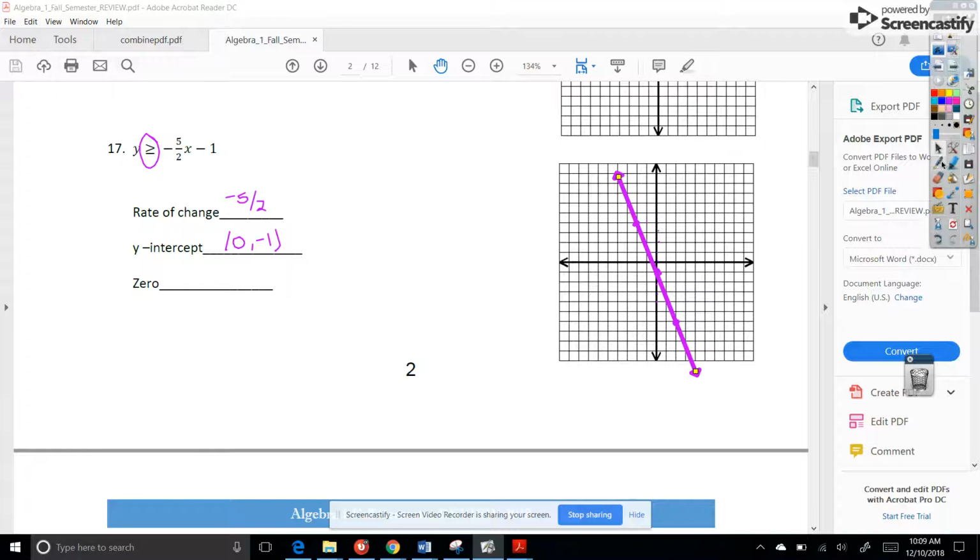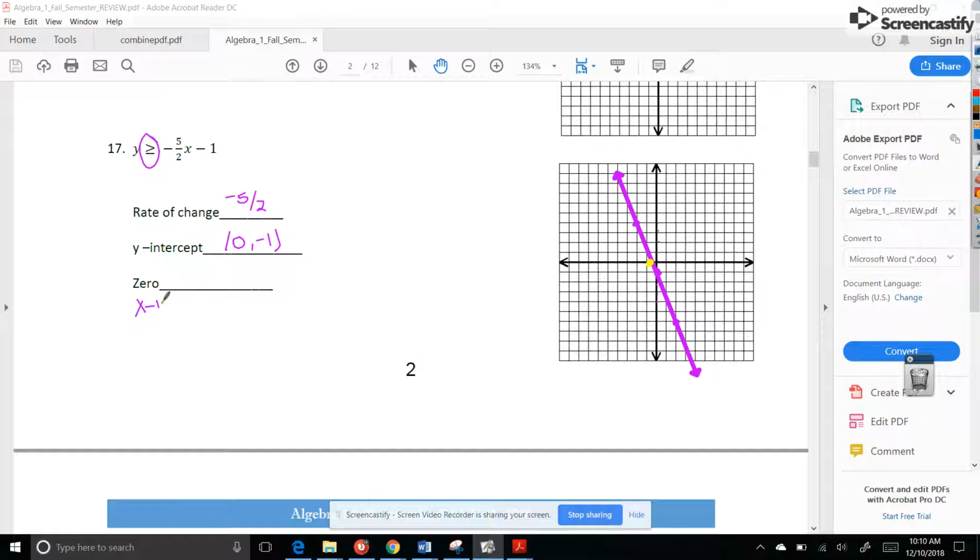It's fractional. Let me put that in yellow right here. It's my x-intercept, but it doesn't look like it's a whole number. So I'm going to find that. X-intercepts happen when the y is 0. So I'm going to plug in a 0 for y, and I'm going to solve this as an equation for x. So I'm going to add 1 to both sides.